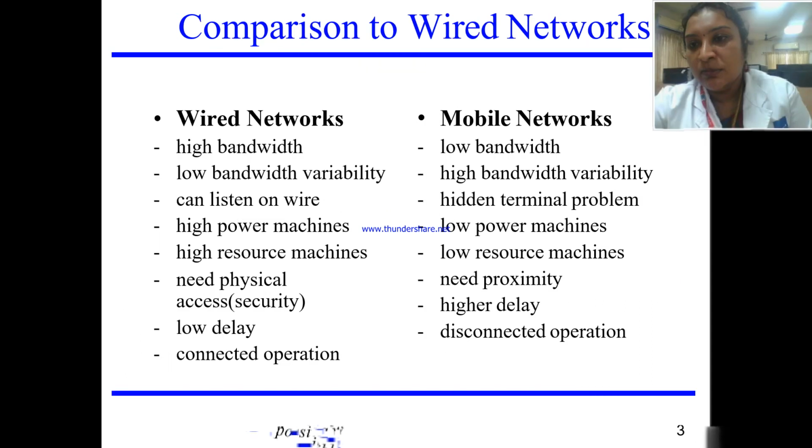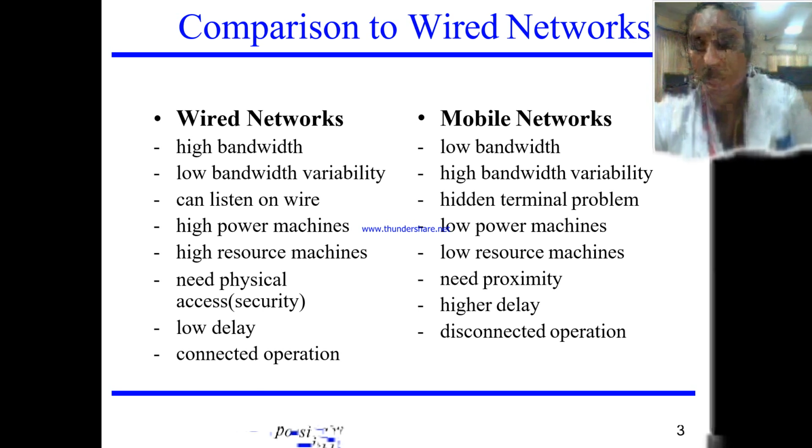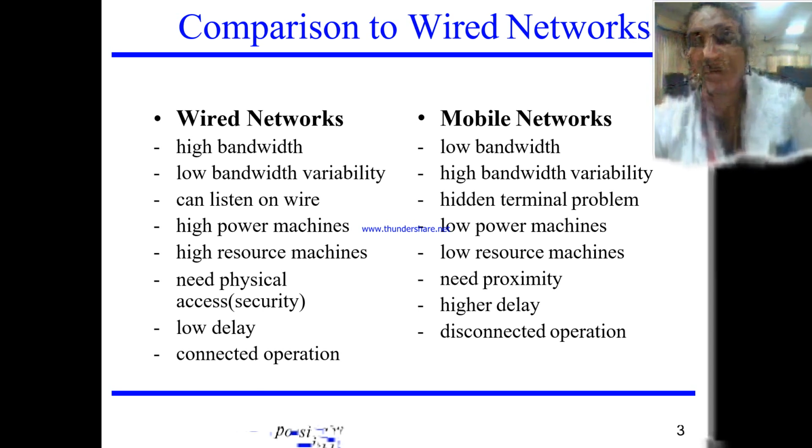Comparison to the wired network. Actually, a mobile network is a wireless network, but when you compare it with a wired network, it has a few extra features and also extra advantages. The wired network provides higher bandwidth with lower bandwidth variability. If you want to move from one place to another, you have to provide the whole physical setup, and only then can it be moved.